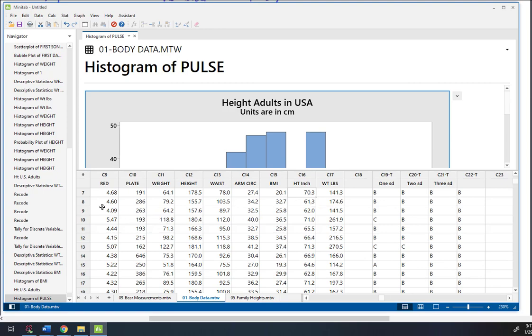So this is a data set that we've used before. It's the first data set in the Nutriola data, and it's called body data. And there are 300 pieces of data in here, or 300 observations, 300 rows, if you will.